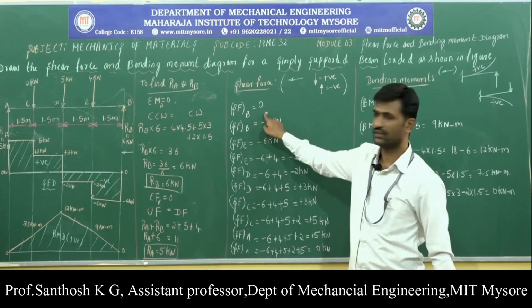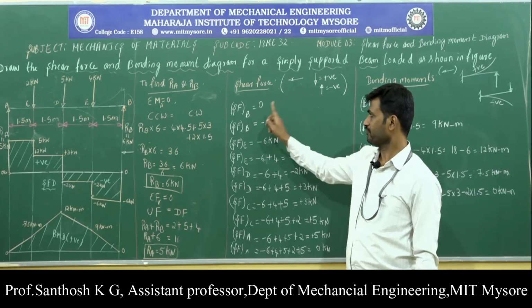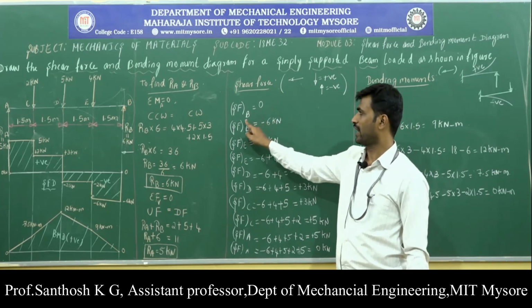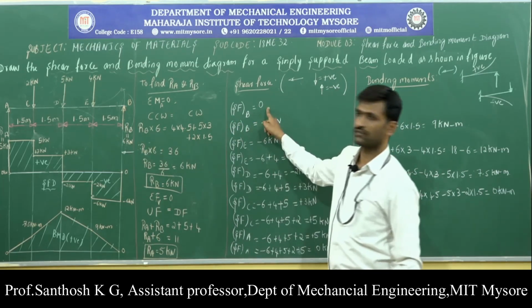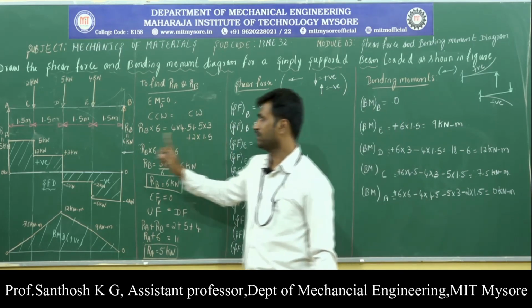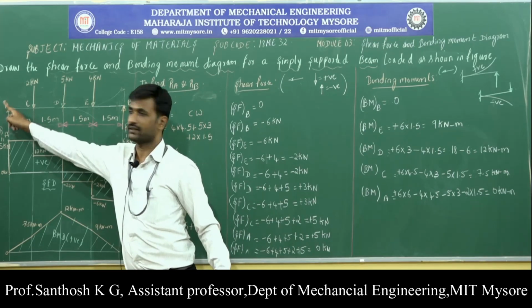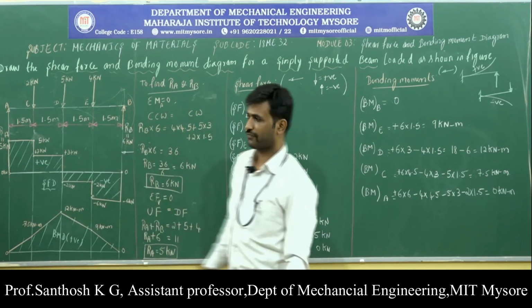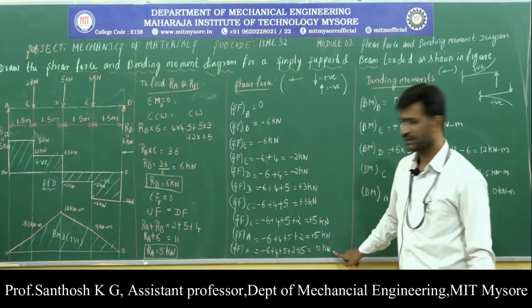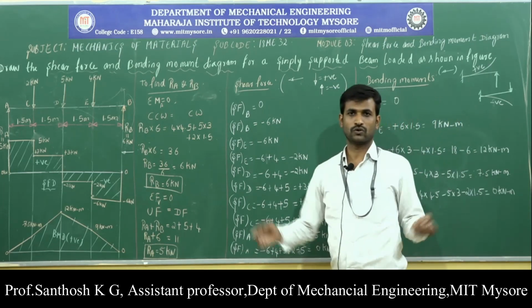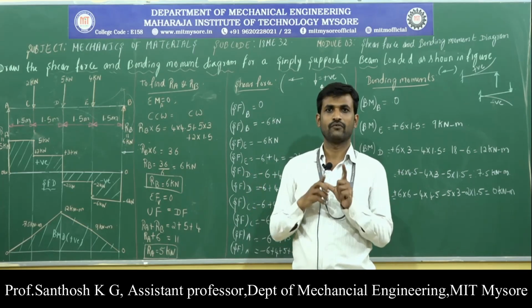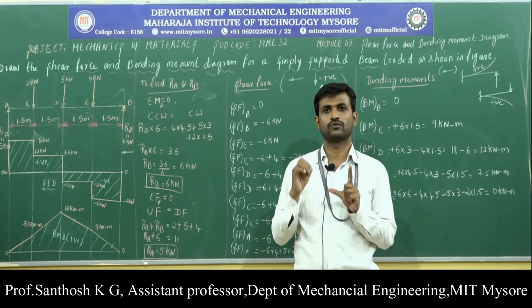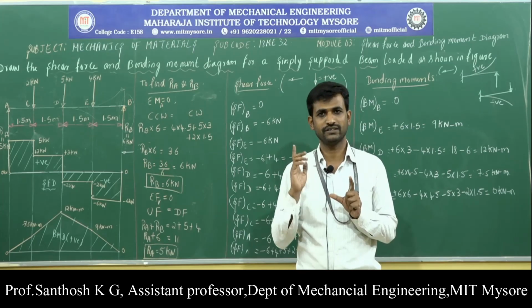Here we can see that one value of shear force at one end, that is B, is equal to 0, and one shear force at the extreme left end, that is point A, is equal to 0. So at the extreme end we always get one value of shear force whose magnitude is 0.